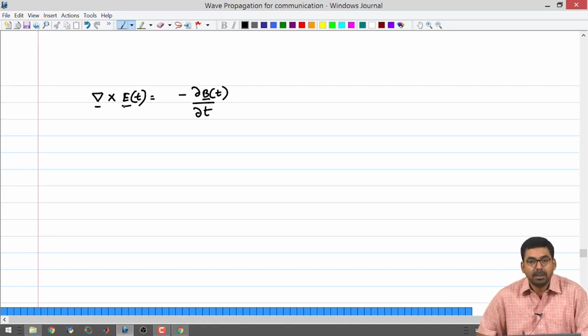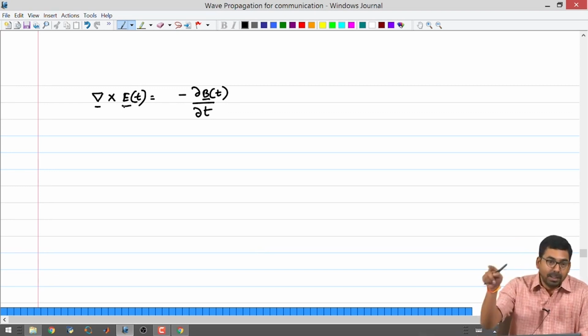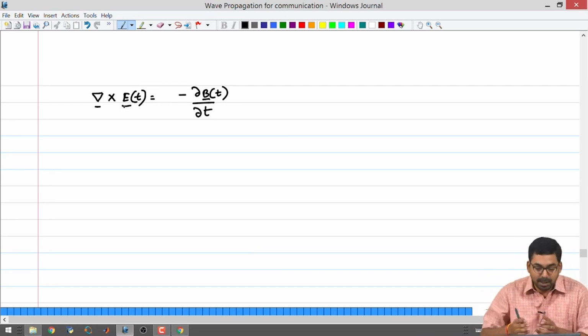So, in a two-dimensional plane, in order to describe the electric field, you needed at least two components, Ex and Ey. Only then can you describe the direction of the electric field in that diagram. So, which already tells you that we will have to deal with some Ex, Ey, Ez.